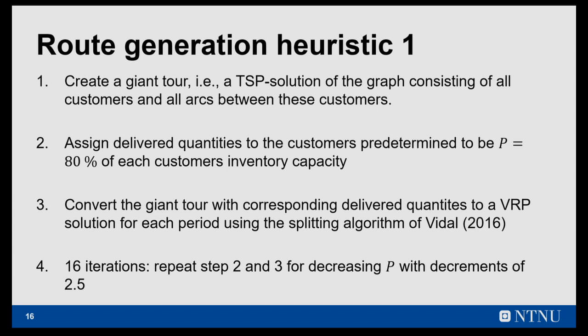And then for each giant tour we get, we use the splitting algorithm of Vidal to generate routes, and based on these routes, we get this pool of routes that we can again use in the path flow formulation.